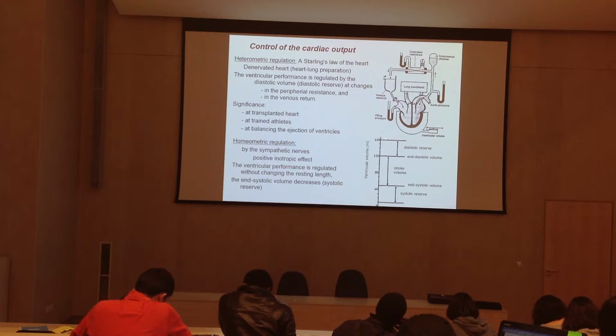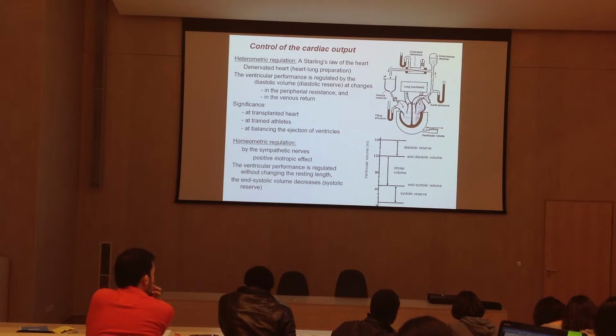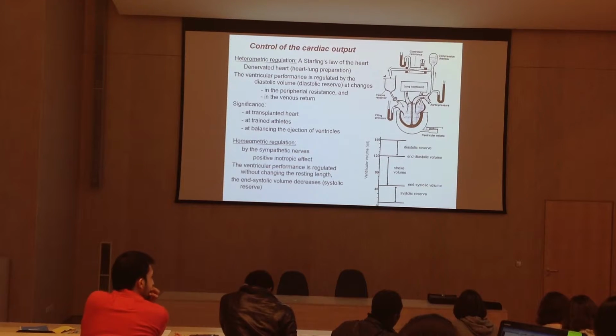This axis represents the volume of the ventricle. The maximum volume, 160 milliliters. 160 milliliters of blood can fit in the left ventricle. How does the normal working look like? It is the normal stroke volume.